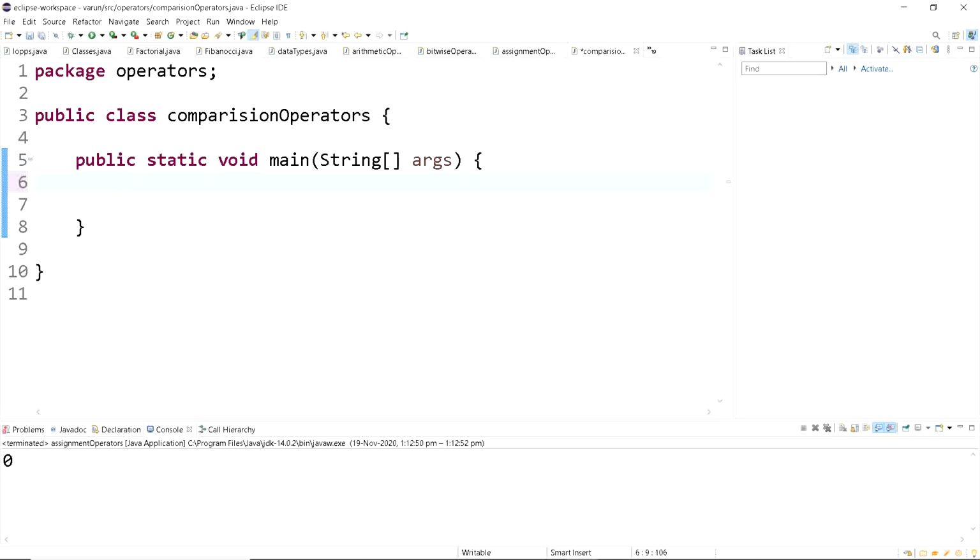Here I have created a class called comparison operators. Now in order to compare two numbers, we'll take two numbers first. Int a equals 21 and int b equals 35. So we'll take one int c equals a greater than b. So we'll print out c.